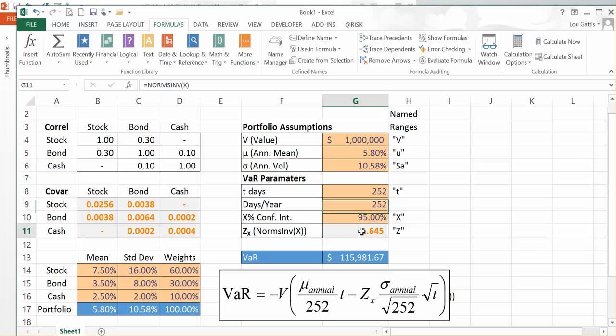And you can see that I would be 95% confident that losses would not exceed 115,981 in 1 year. So that's VaR. It tells you how bad losses could get, or the confidence interval that losses will not exceed that value.